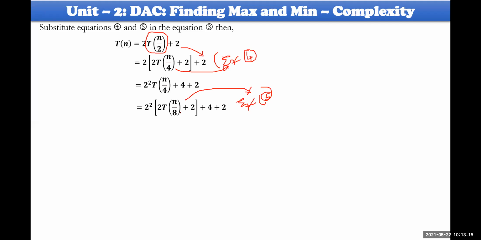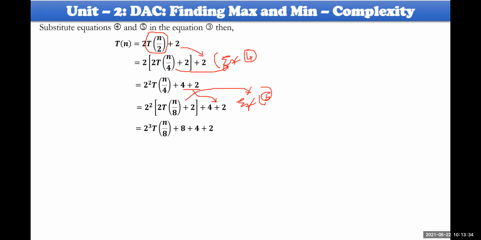So 2 square into 2T of n by 8 plus 2, plus 4, plus these values. I don't want to add these values; these values will be as it is. I'd like to place them as they are here. Now evaluate this one. So 2 square into 2 will be equal to 2 cube T of n by 8.